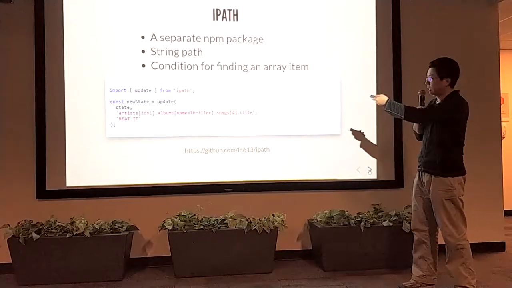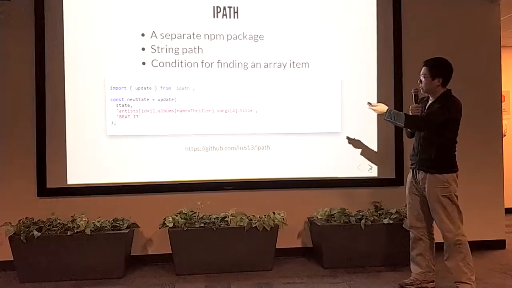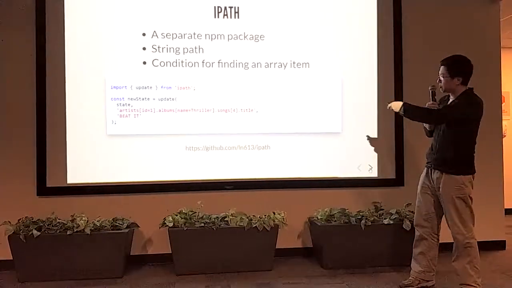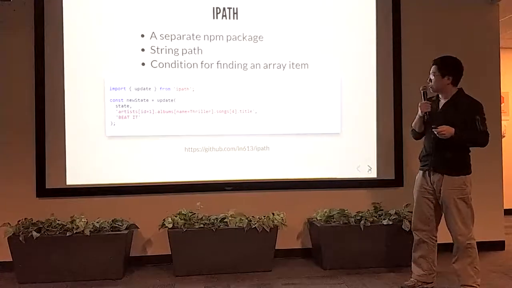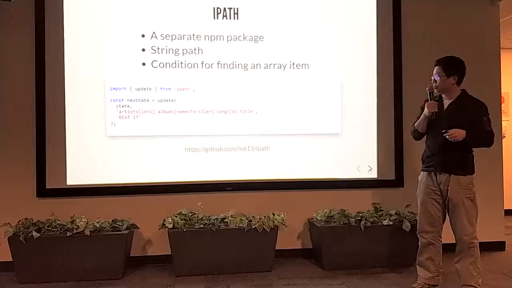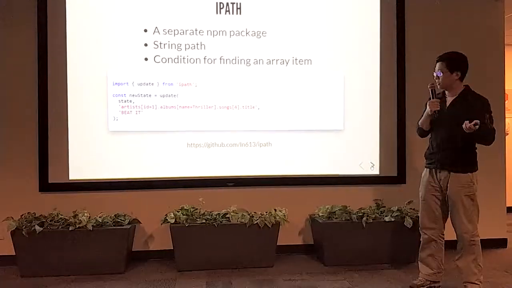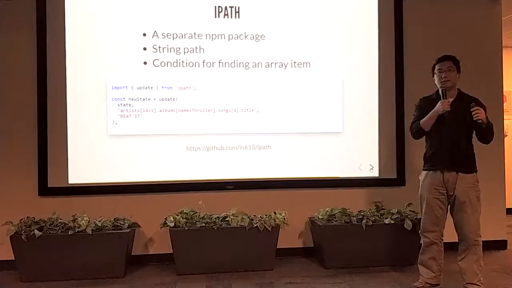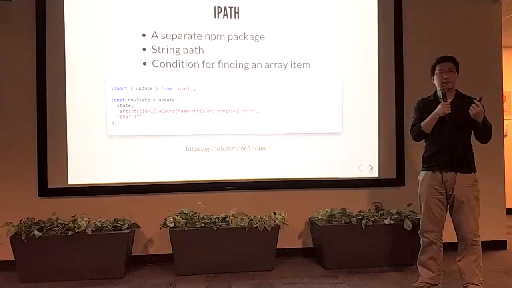For example, you say id equals 1 in the artists array, in the albums array, name equals Thriller, and then you can still provide an index like songs[4]. So if you try to maintain immutability yourself, you can give this library a try. And actually in No-redux, I use iPath to handle the immutability.